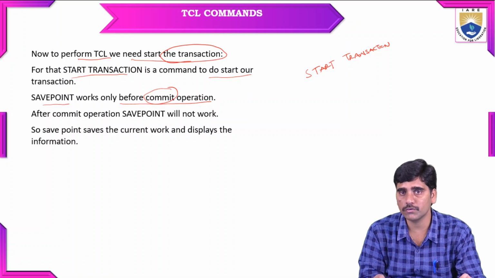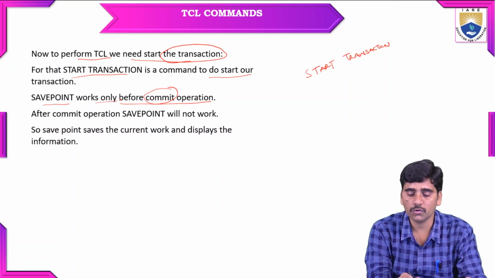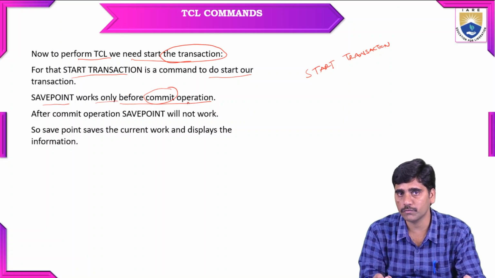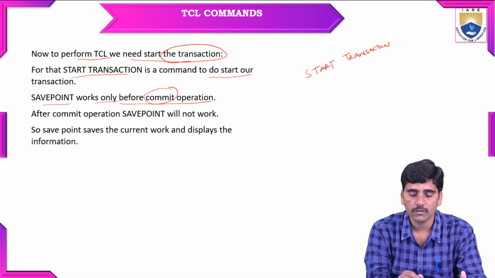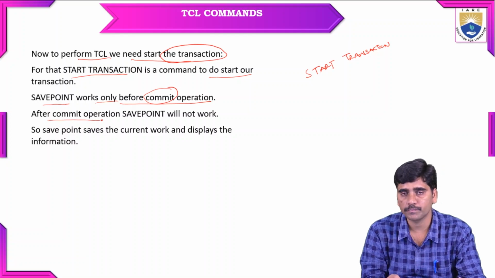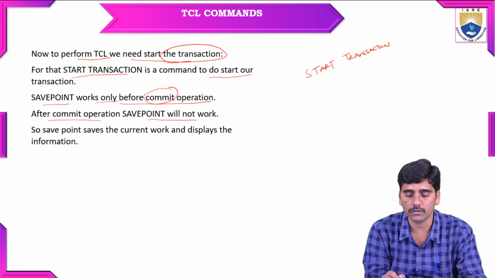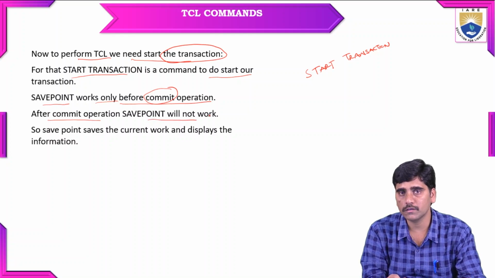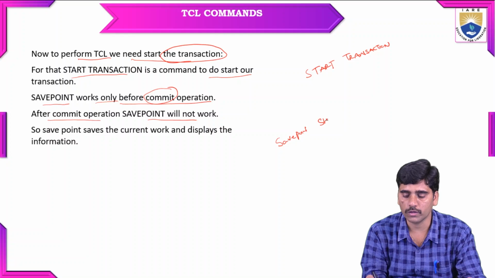After the commit operation, the savepoint will not work, because the savepoint saves your data temporarily, by creating particular stages like savepoint stage 1, savepoint stage 2.